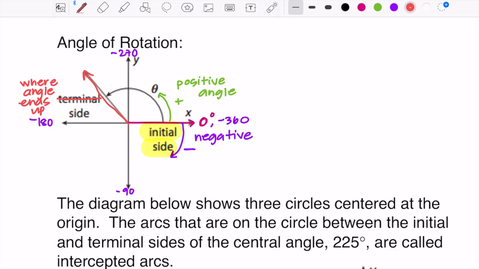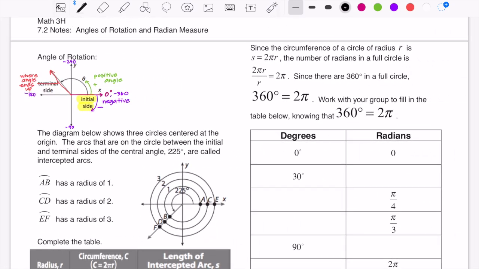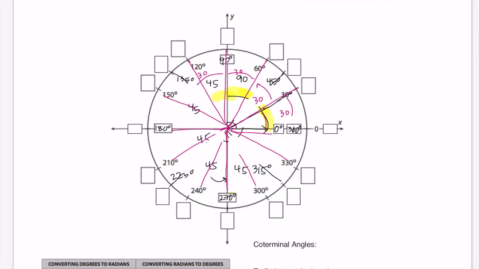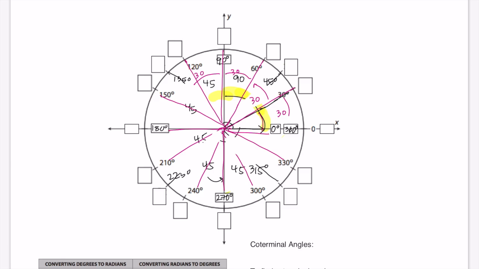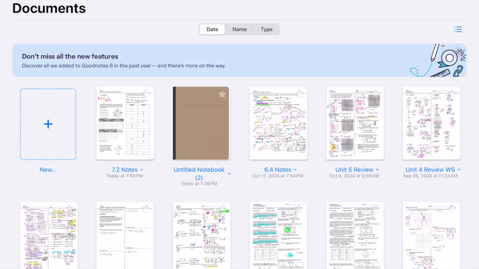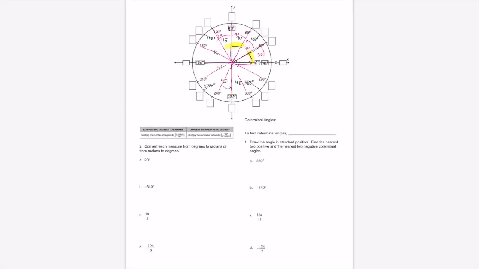Okay, so there's two ways, maybe more, but two ways that we're going to learn in our class on how to measure angles. So the first way we talked about was measuring in degrees, but there is another way, and this is probably new for this lesson.